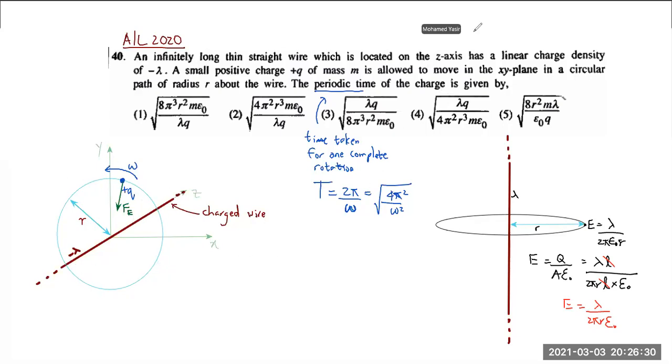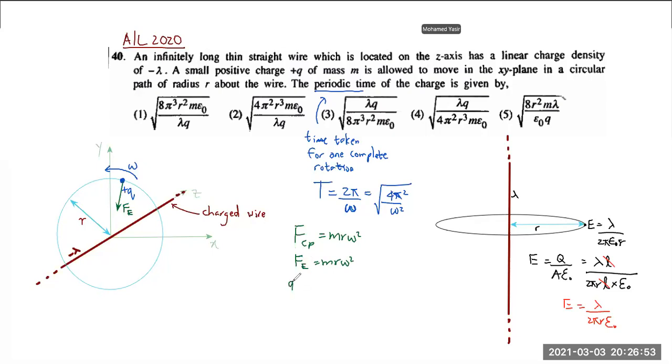So I'll write an equation, see if you can understand. Centripetal force acting on the object is equal to m r omega squared. We need omega. Centripetal force is the electrostatic force, Fe, equal to m r omega squared. No need to change r or m, everything is given, same letters. Now for electrostatic force, what is the equation?